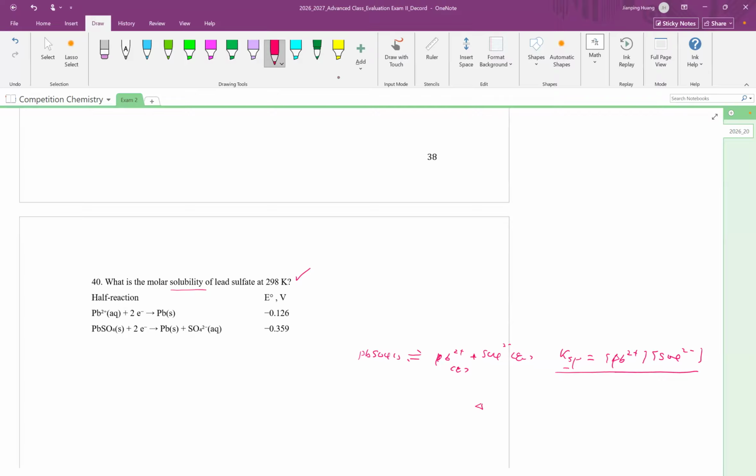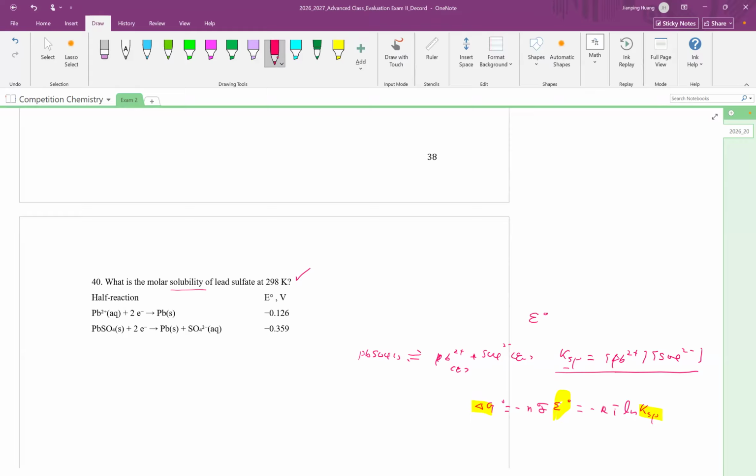You can relate delta G equals minus nF epsilon, and that relates to delta G equals minus RT ln Ksp. So basically you need to find the Ksp from delta G, from the standard reduction potential of this one. The question changed: standard reduction potential.